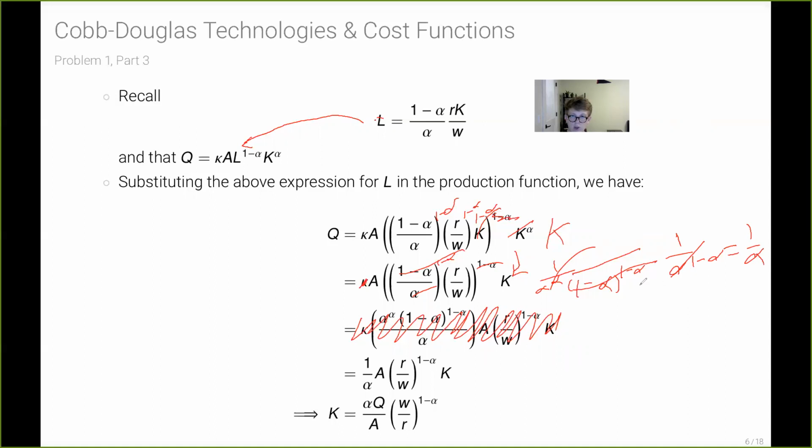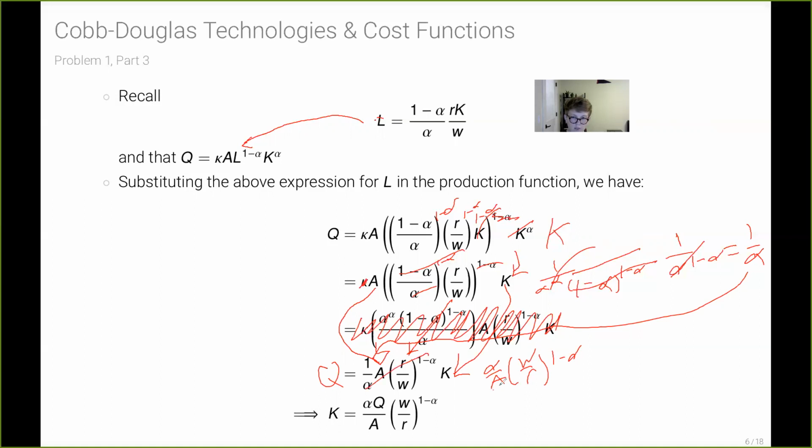So this 1 over alpha comes down here. These A's don't cancel with anything. This R over W is still raised to 1 minus alpha. And this K didn't cancel out with anything. So we're left with that. This is all still equal to Q. So again, to get from this step to this step, all we do is multiply both sides by alpha over A times W over R raised to the 1 minus alpha.